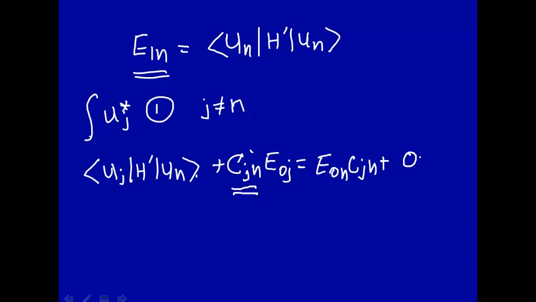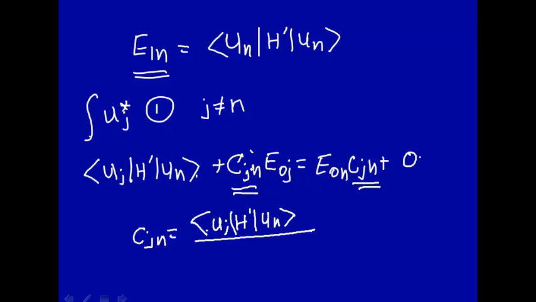We can solve for that coefficient C_j^n. So C_j^n will be this integral u_j H prime u_n, divided by, so you put this over this side, E unperturbed energy state n, minus E_j.